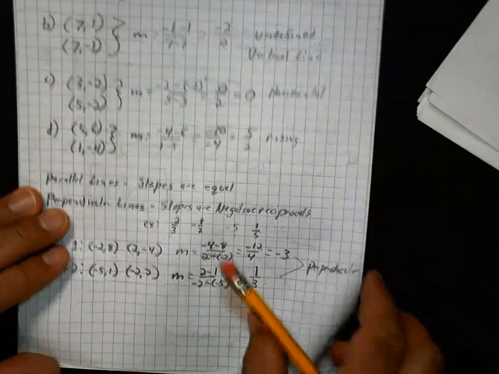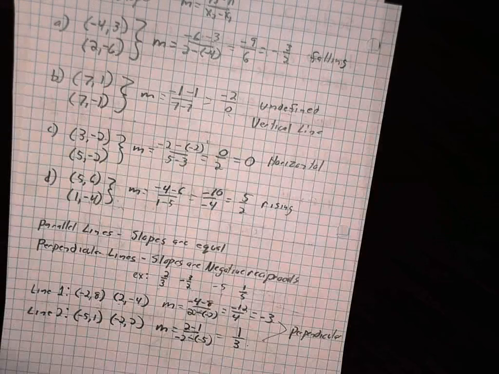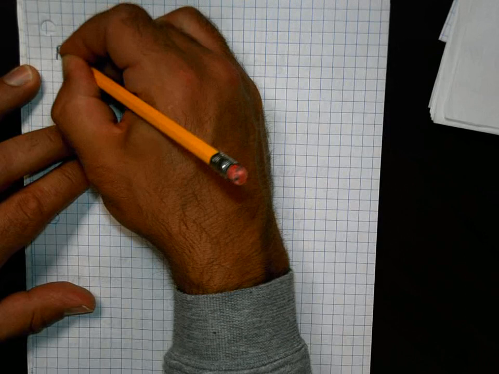Okay, one last thing in this section is how do slopes and rates of change relate? Slope is a rate of change. So let's look at a definition of rate of change.